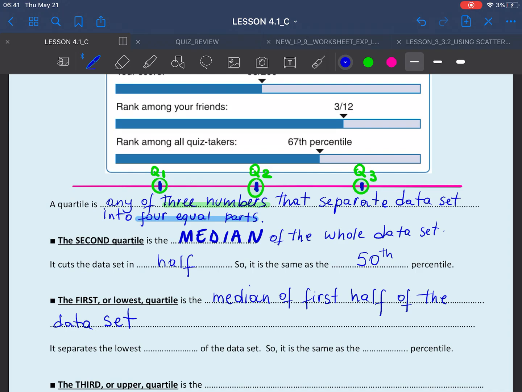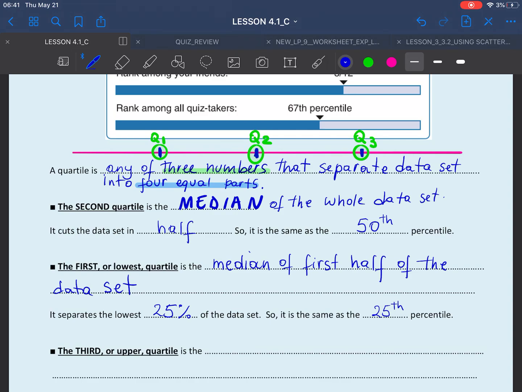It separates the lowest 25% of the data set. So here is the first 25%, so first quarter, and it separates the first quarter from the second quarter, right in here. Now it is the same as the 25th percentile.